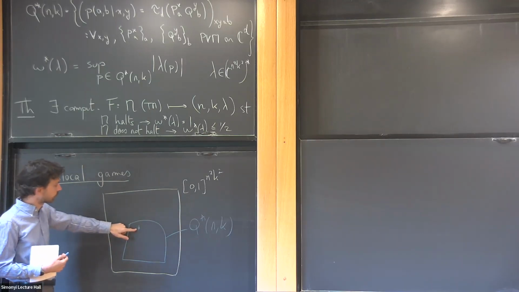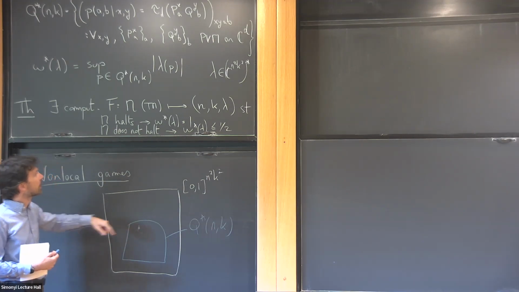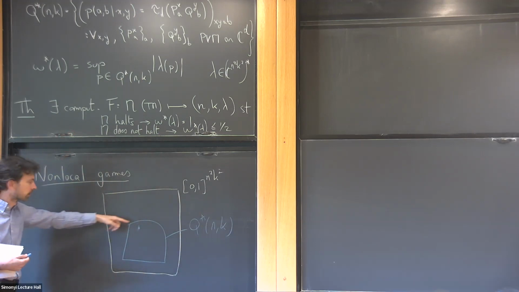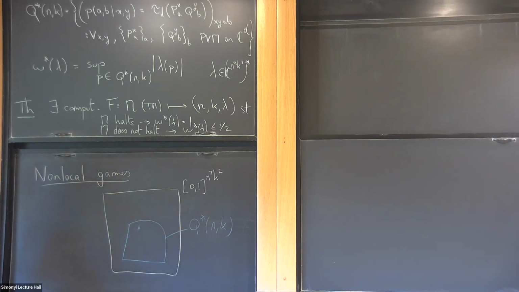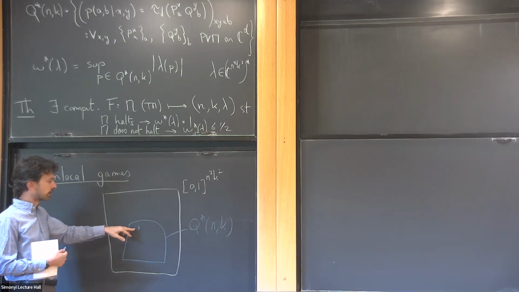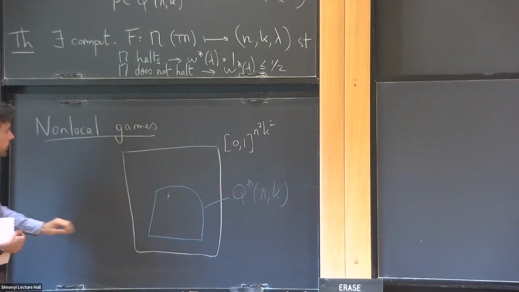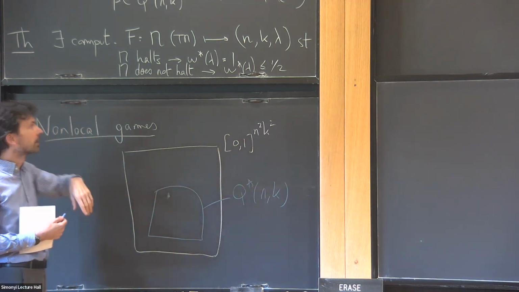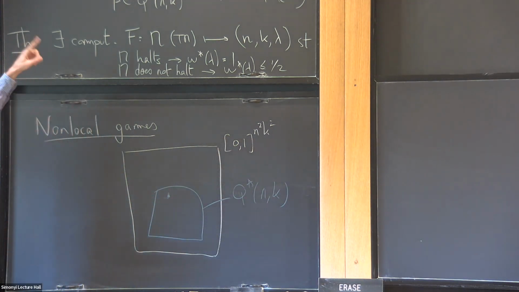Given a point, to decide whether it lies here or not, I need to decide if there exists a d and there exist some P's and Q's in that dimension, such that each of the numbers is given by this expression. This is what makes the set complex. And in fact, the consequence of what we're going to show is that the membership problem for this set is undecidable. So in general, it's extremely hard, given just a collection of n squared k squared numbers, to decide if it can be expressed like this. That's going to come as a consequence of what we're going to do.